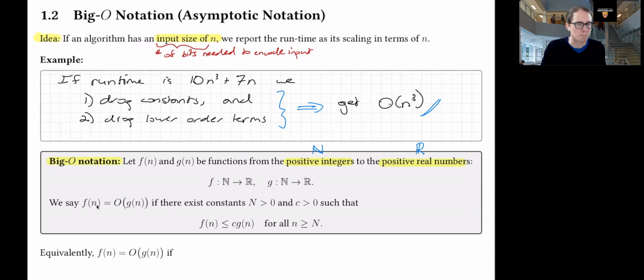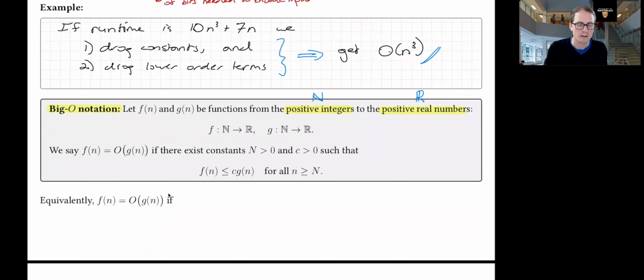Then we say that f is big O of g if there exists a big enough constant N, and another constant c, such that f is smaller than that constant times g, as long as n is bigger than our capital N. So when we go far enough out on the n axis, f is eventually below g. But instead of saying it's below g, we say it's below a constant times g. So it can actually be above, but it can't be growing faster, right?